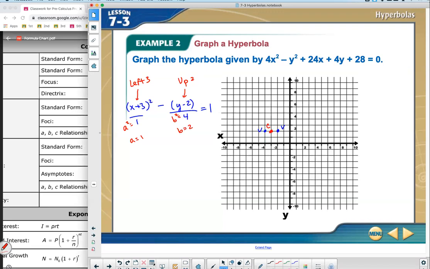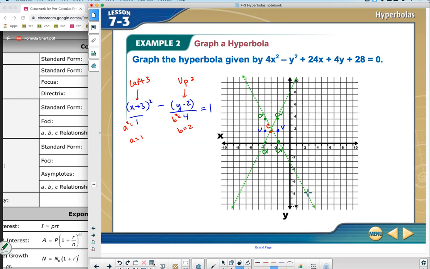When you graph these, you go from the vertices. I would go up 2, down 2, up 2, down 2. These are the co-vertices. When you graph a hyperbola, those will represent your asymptotes. As I kind of mentioned before, that is the rise value over the run, which in this case would be b divided by a, since b is with the rise quantity of y, a is with the run quantity of x.